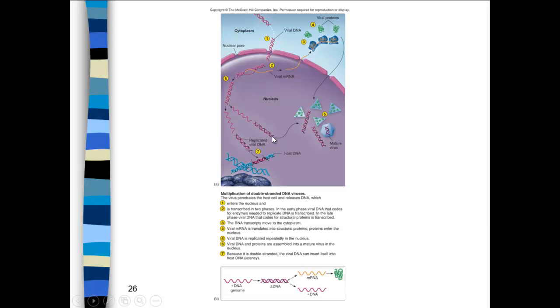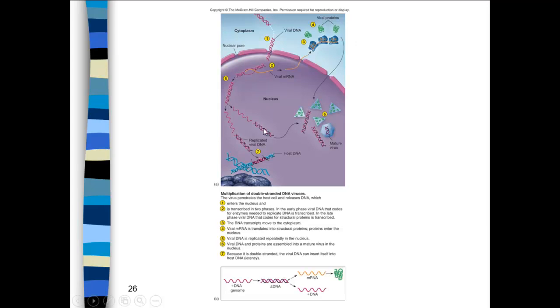These then are complemented with complementary strands. Okay, these complementary strands can integrate into the host cell DNA, or they can go to the production of more viruses. The viruses are actually assembled in the nucleus. Okay, and when the virus is assembled in the nucleus, then it's released from the nucleus, has to go through the cytoplasm, and then finally be released from the cell.